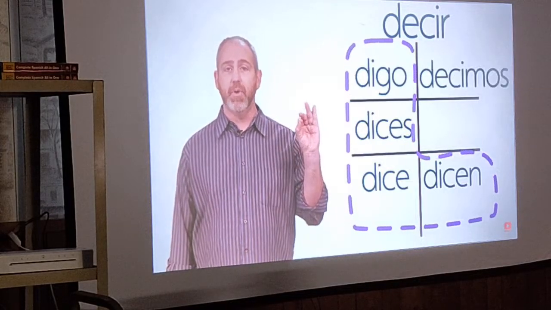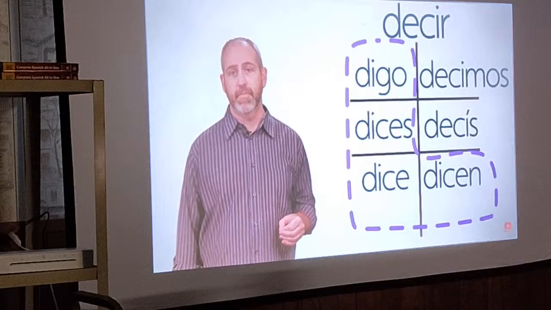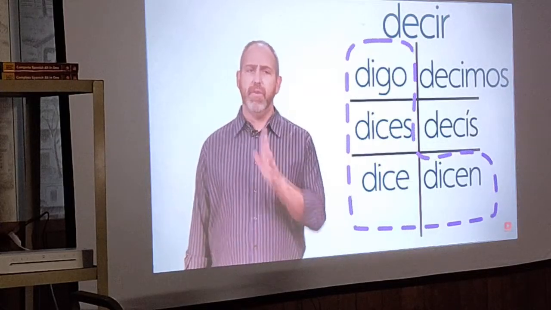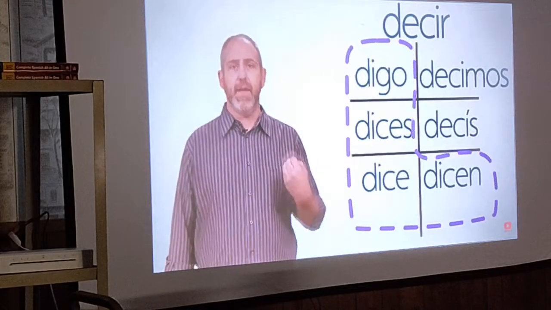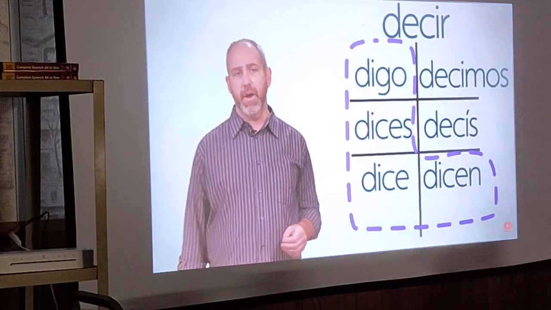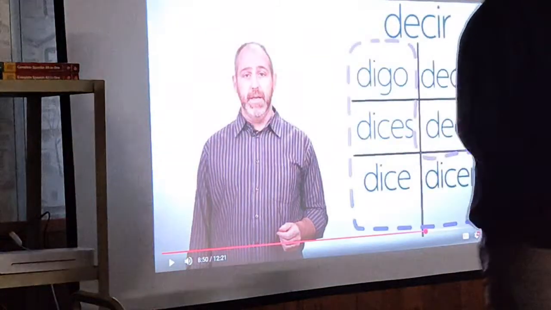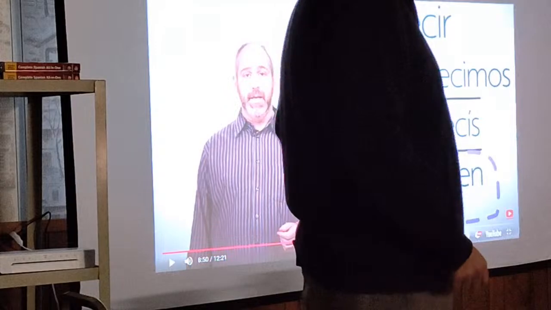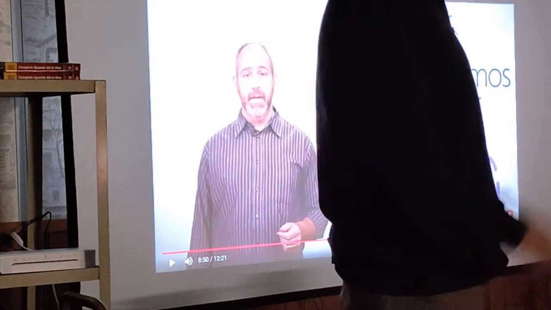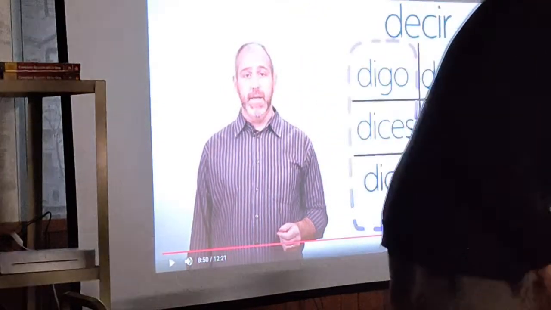It's decimos, decís. Okay? So right now, just get those down, and I say, you say, they tell, we tell, get those down. All right, next verb. You want me to stop it, or everyone was able to get it down? We're all good? Everybody got it?